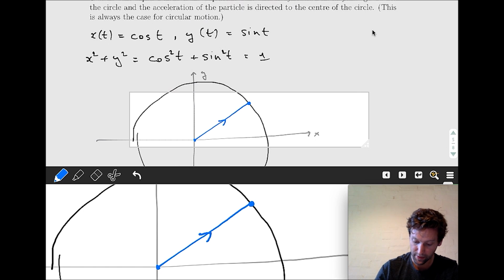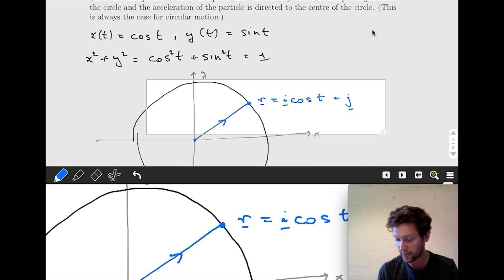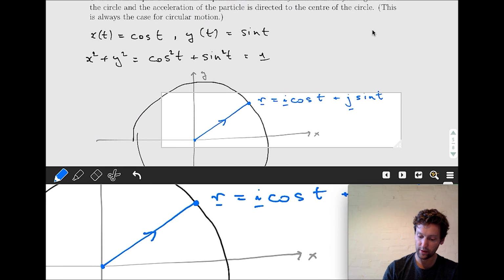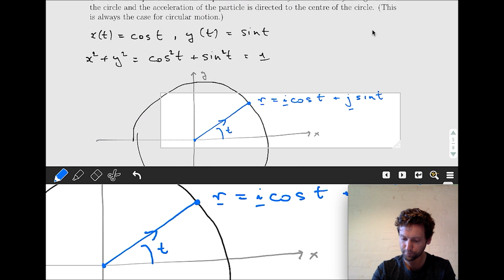So this is the position of the particle at time t. So r vector is equal to cosine of t i vector, plus j sine of t. So you can see by looking at that the time t is the same as the angle between the x-axis and the radius there. Now let's take a look at what the velocity would look like.